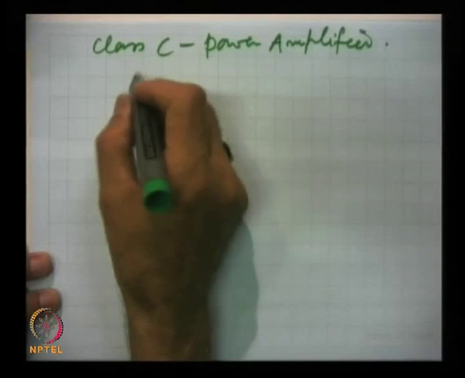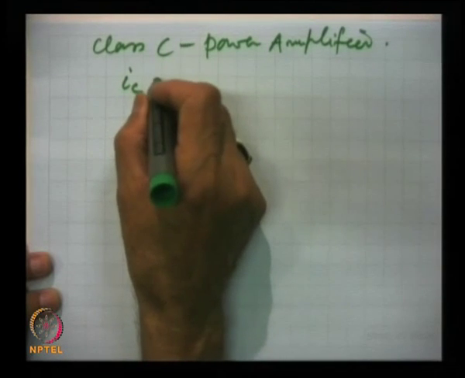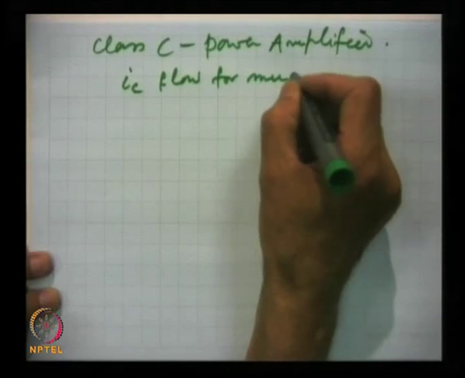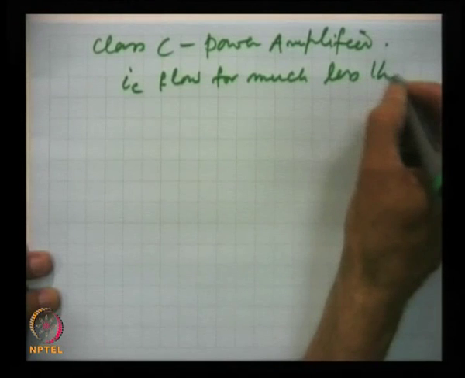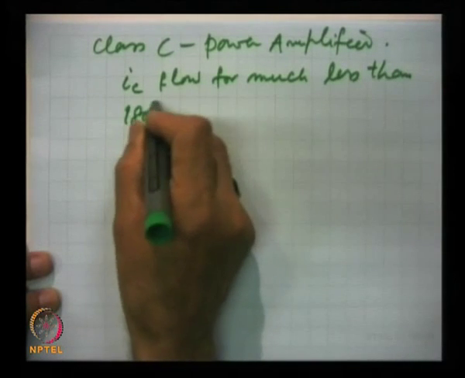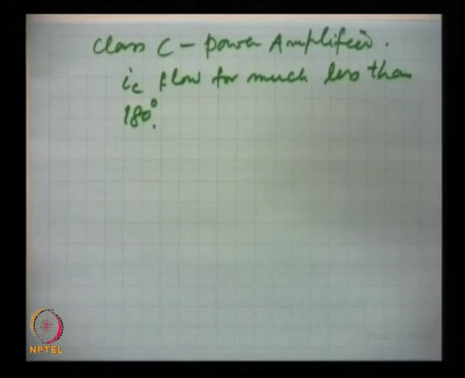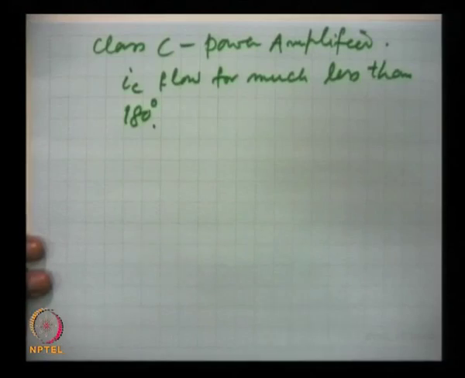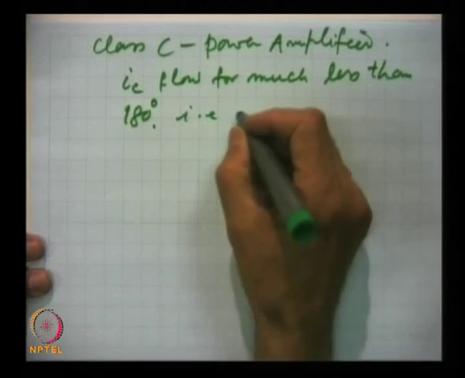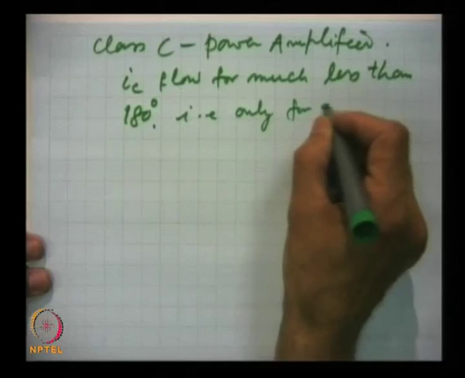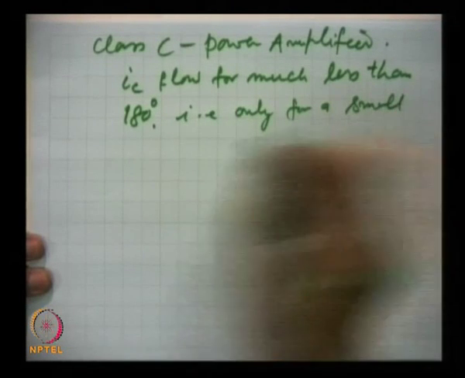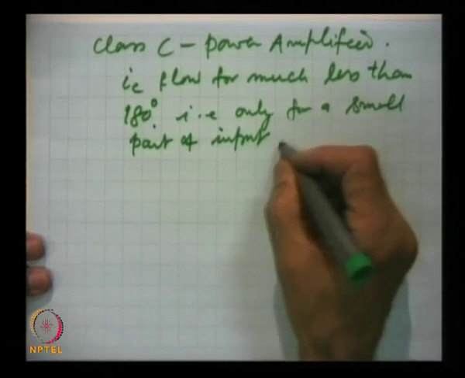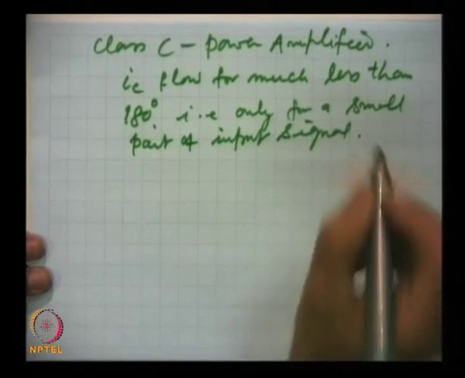This is IC, the collector current flows for much less than 180 degrees, that means only for a small part of the input signal.